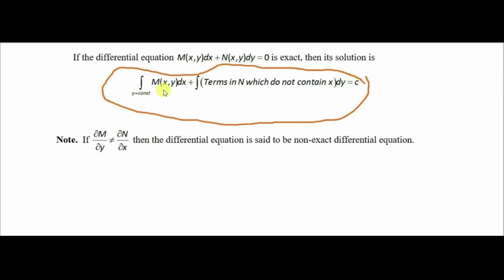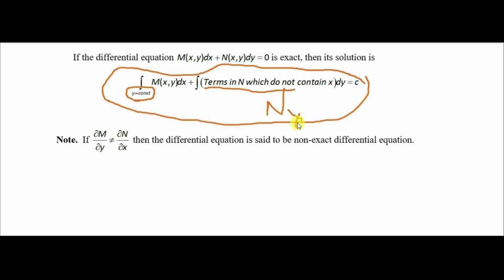So the formula is integration of M dx. Please note that here we have to consider y as a constant. If there is any y, then we integrate with respect to x only, and the term of y becomes a constant. And second is this term, denoted by N(y), meaning the term of N which contains only y.